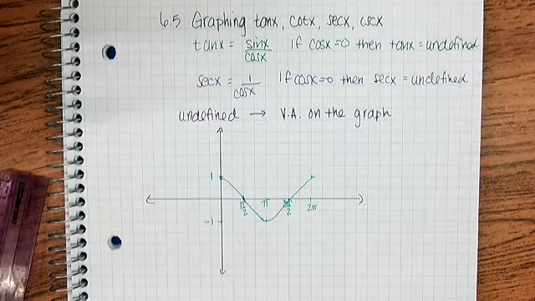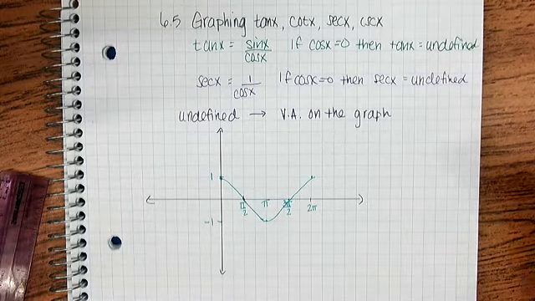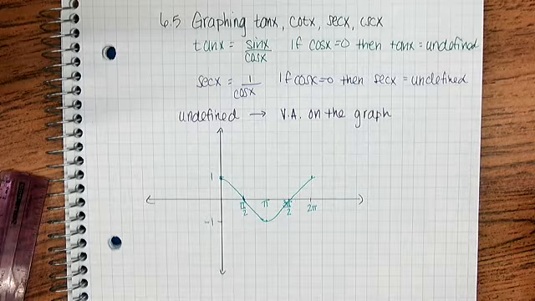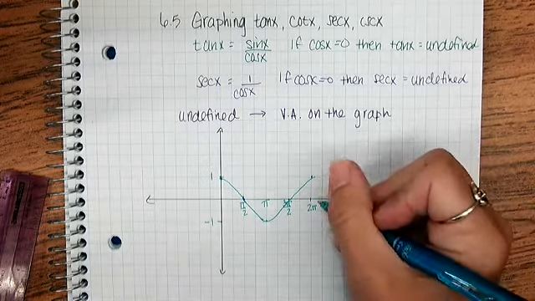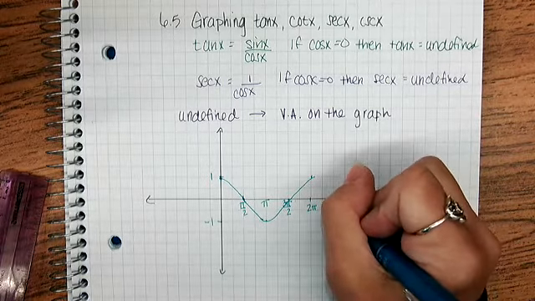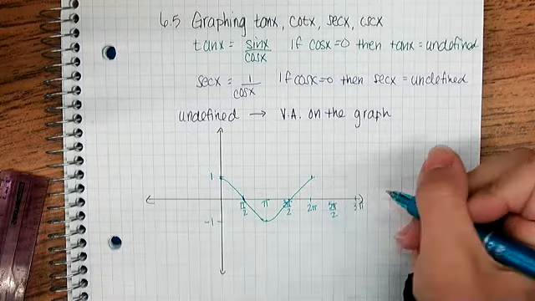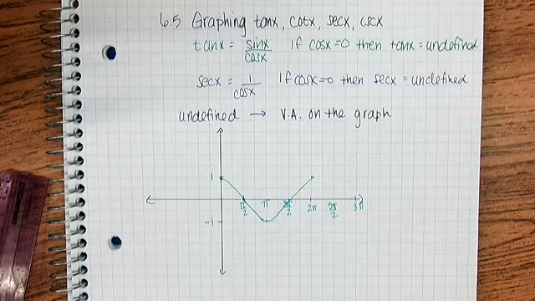I think it's going to be helpful for us if we extend the graph past 2 pi and past 0 into some negative values. So I'm just going to go ahead and let's see, this would be 5 pi over 2, 3 pi, just a little bit, because it's going to help us when we look at both the parent tangent and secant.